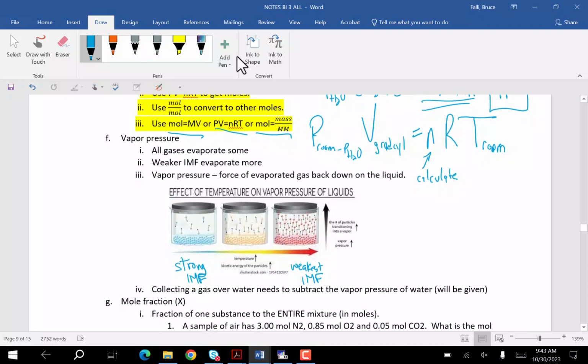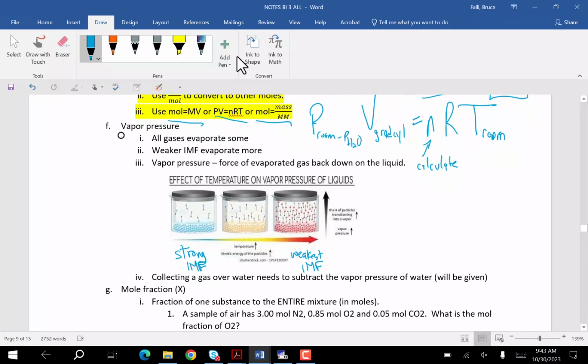Okay, so vapor pressure. All liquids evaporate some. Weaker intermolecular forces evaporate more. Vapor pressure is the force of an evaporated gas back on the liquid. Now the effect of temperature on vapor pressure of a liquid: if we increase the temperature, evaporation increases.